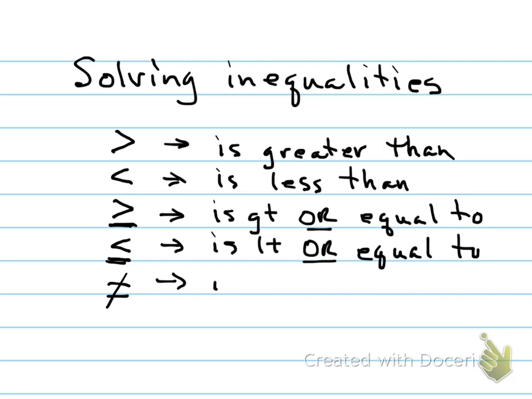And finally, this one is not equal to. Okay? All right. So these are the inequality symbols. What's the equality symbol? Just the equal symbol, right? There you go. Good. But there are several inequality symbols, only one equality symbol.